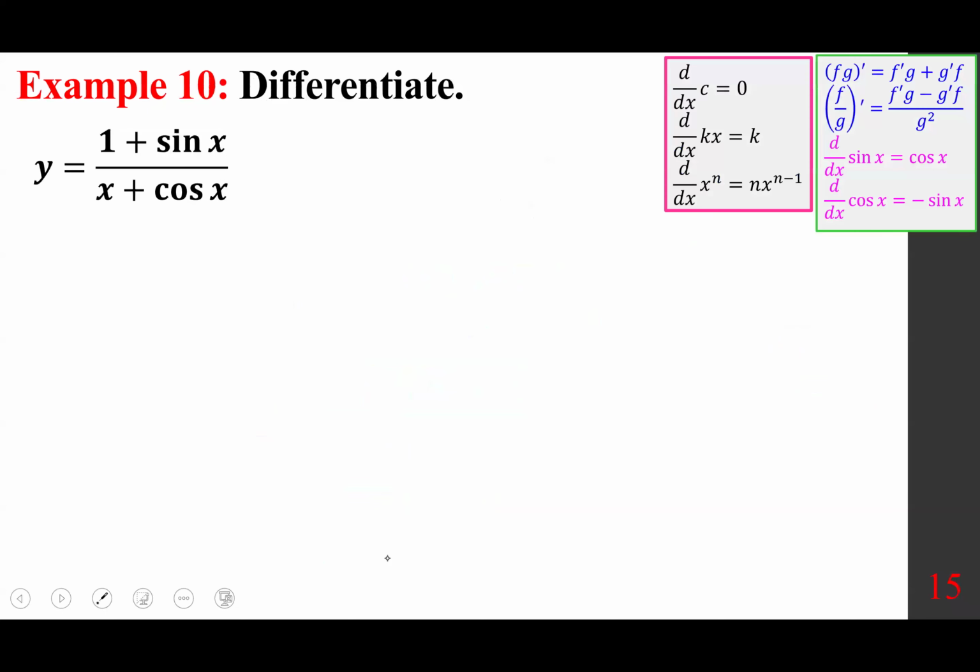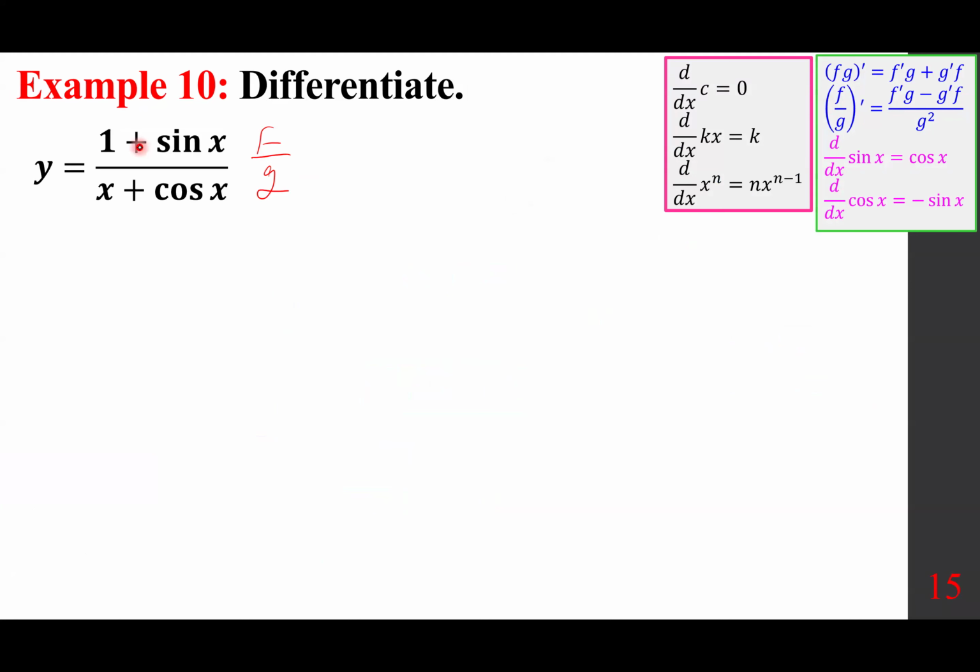So those are limits, and now let's differentiate y equals 1 plus sine x over x plus cosine x, and we are going to use the quotient rule. So I'm going to call this f over g. So I need f prime g minus g prime f over g squared.